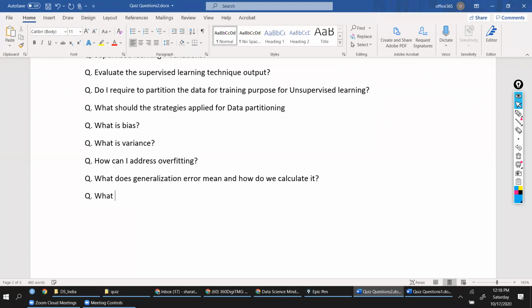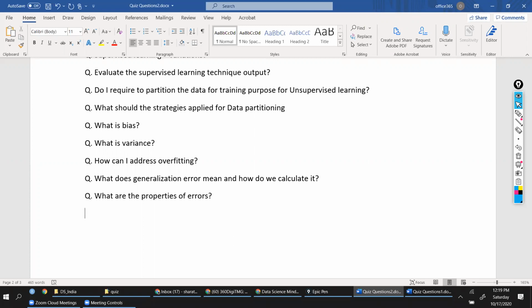Right. What are the properties of error? Very good. Errors should be following IID normal properties.